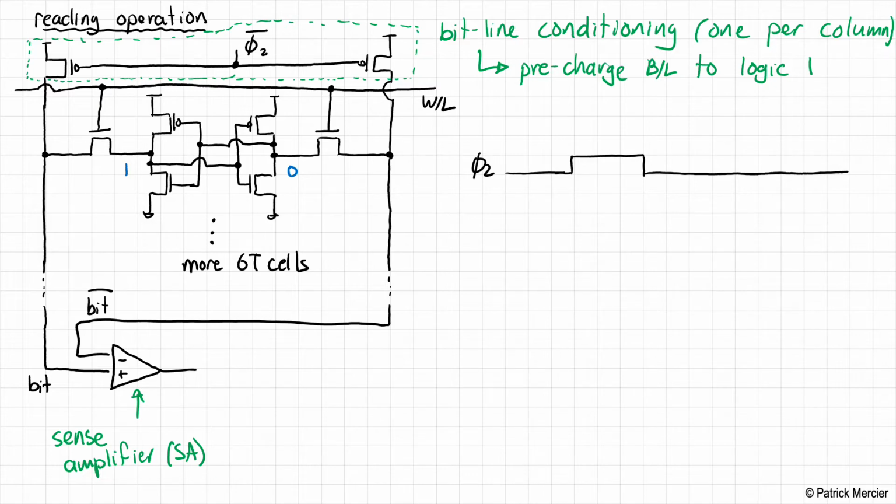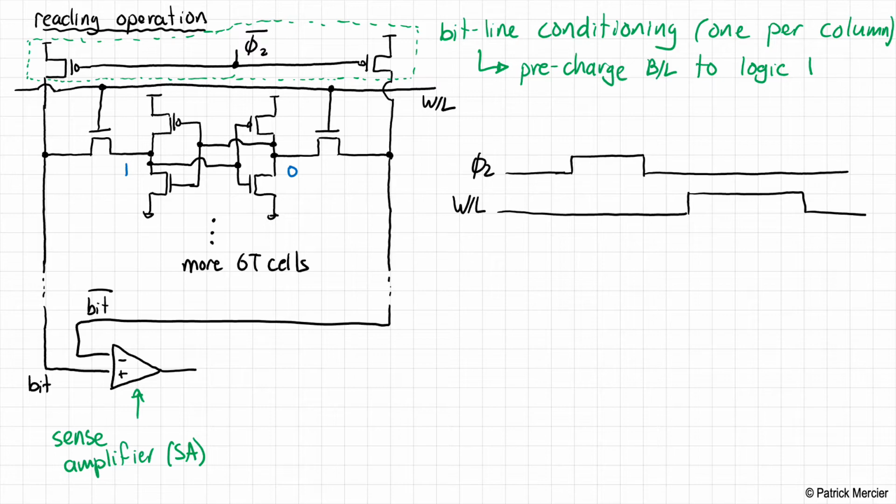Okay, so when phi2 is 0, phi2 bar is 1, and so those PMOS transistors are not activated. And let's just say that the word line doesn't turn on until somewhere over here. Okay, so the word line is off, phi2 is off, and so those PMOS transistors are not charging up.